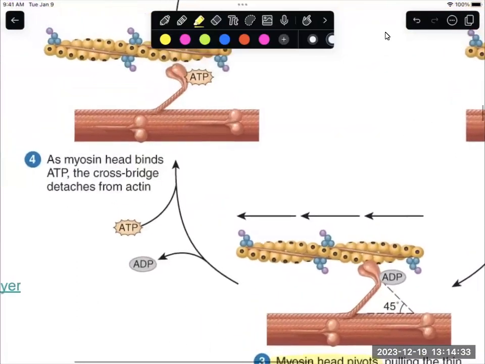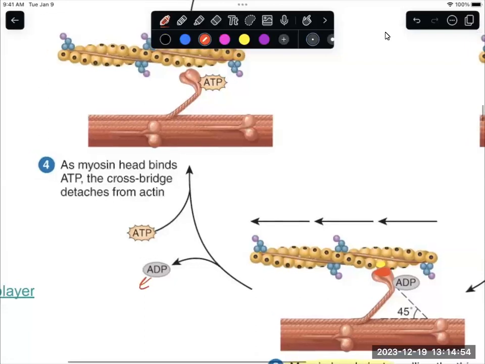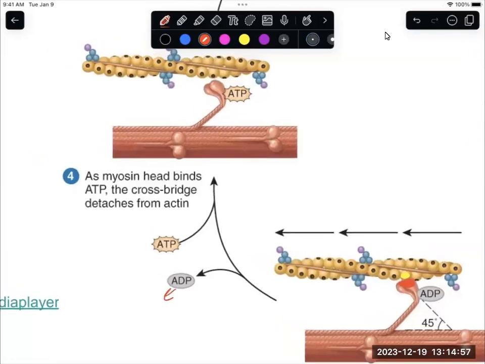Now, for this myosin head to break off of this actin, to release this myosin head here, what we need is to release that ADP. That ADP comes off, and an ATP has to bind.